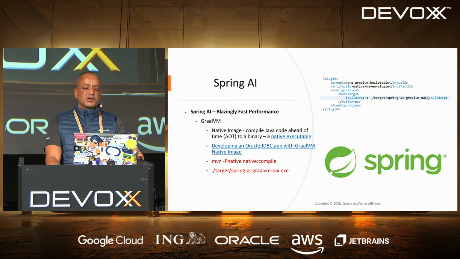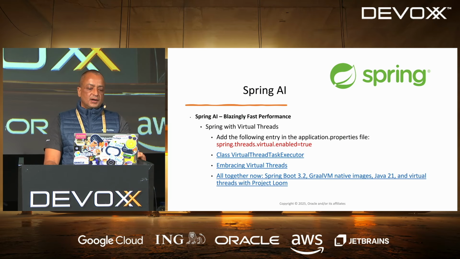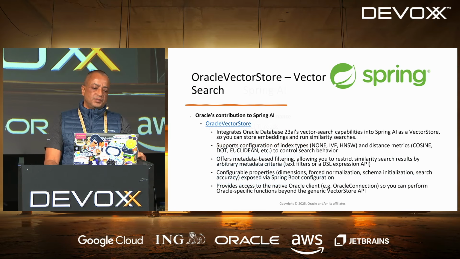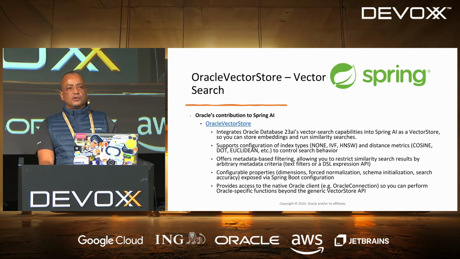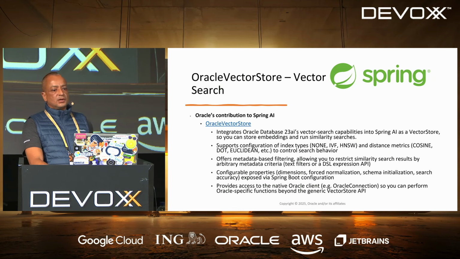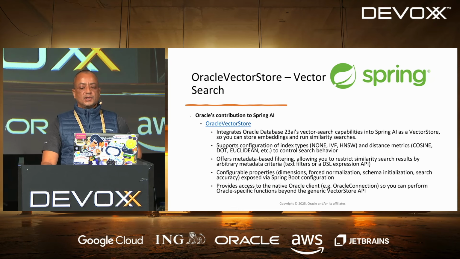Spring AI is nice because you can also use things like virtual threads. You can also use GraalVM. So you should have a look. And beyond that, in terms of the vector search, same thing here, Oracle Vector Store.